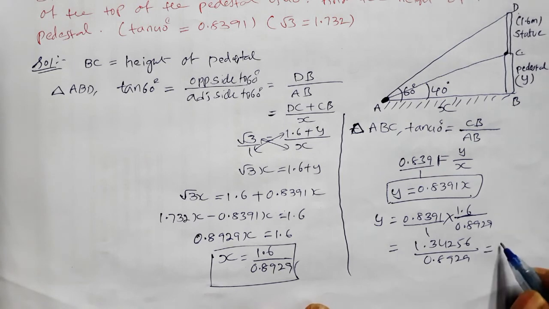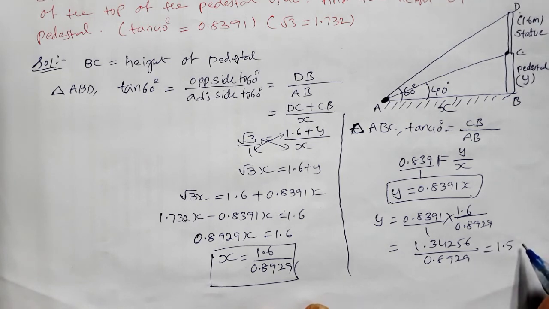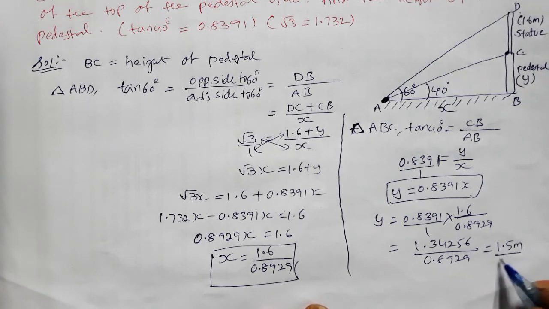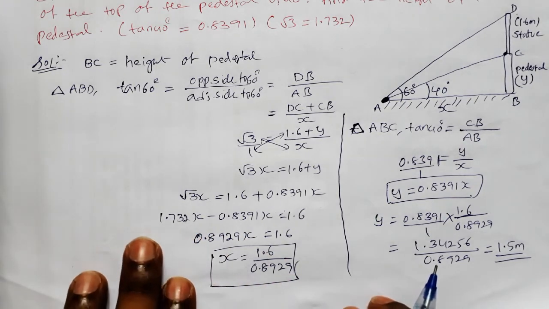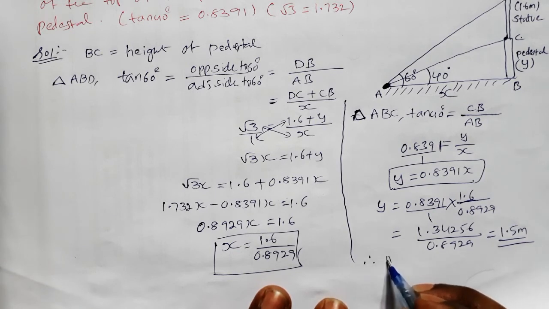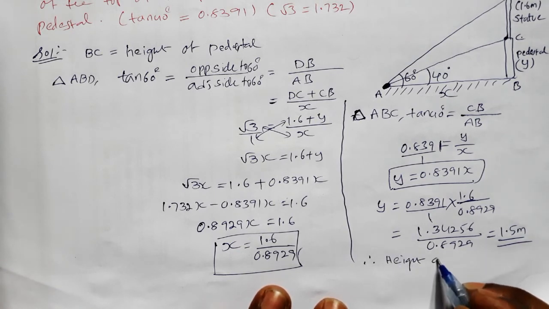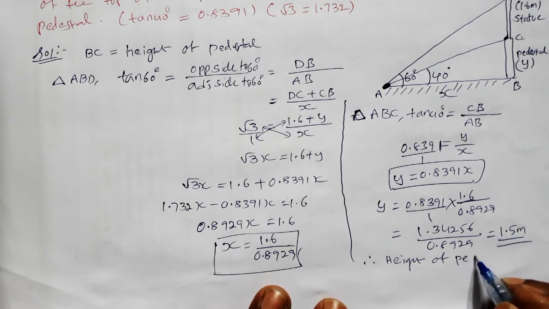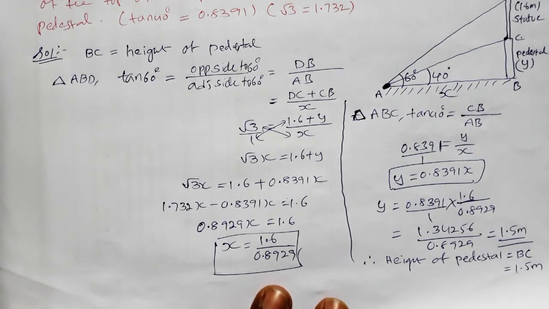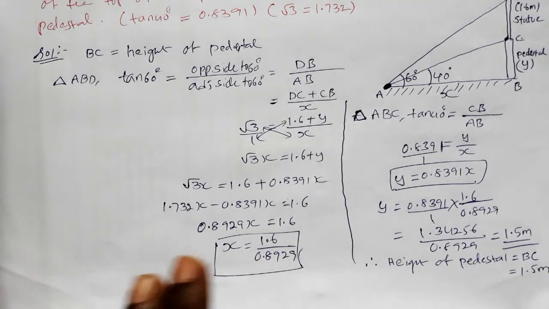If you simplify this, the answer will be 1.5. The unit is meters. Finally we can write, therefore, height of pedestal equals BC, that is equal to 1.5 meters.